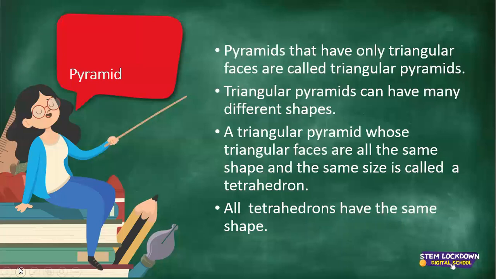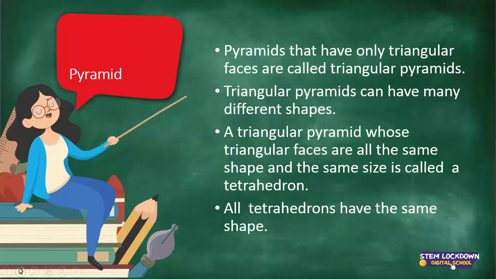All right, so we're now looking at pyramids. Pyramids that have only triangular faces are called triangular pyramids. Triangular pyramids can have many different shapes.